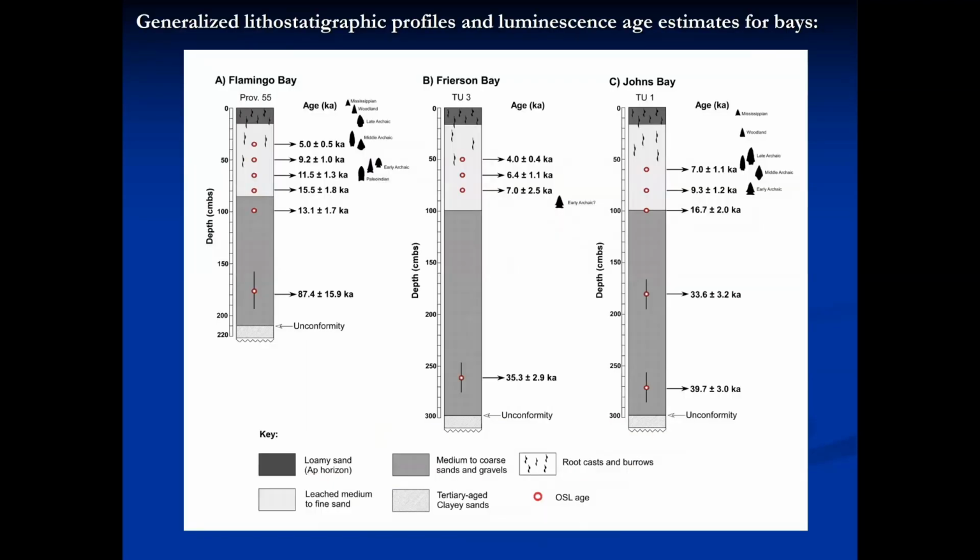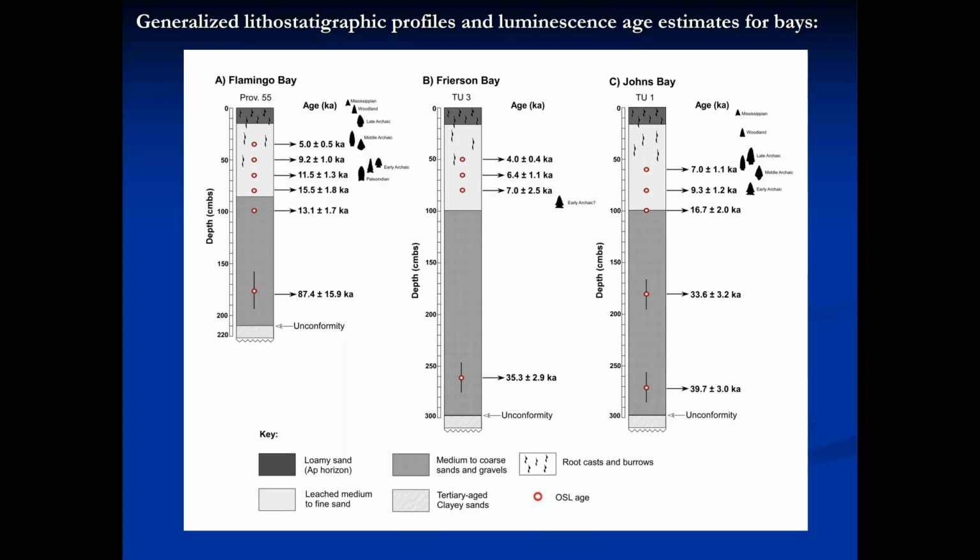I'm about to wrap up, but here's the work from Flamingo, Frierson, and then another bay in Allendale. These are OSL dates that we were able to gather all the way back to 13,000. We got somewhat of a reversal here. 11,000, 9,200, 5,000. Right, so we've developed a chronology with OSL in cases where we don't have radiocarbon. Radiocarbon is a lot better if you can get radiocarbon.